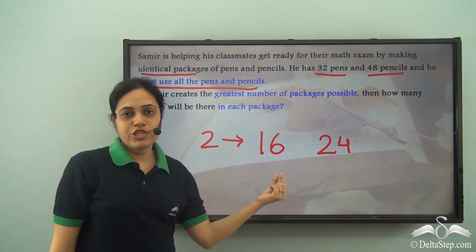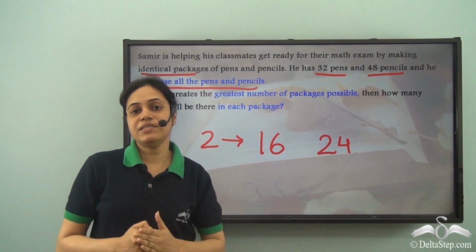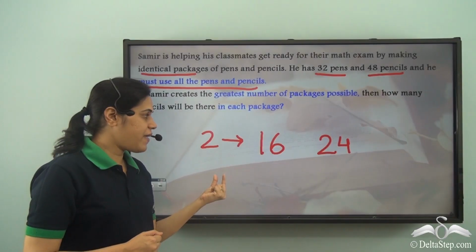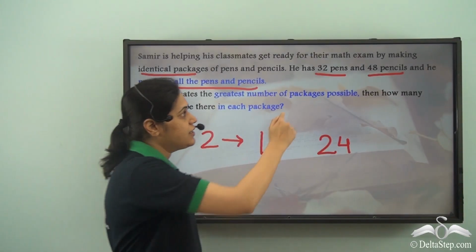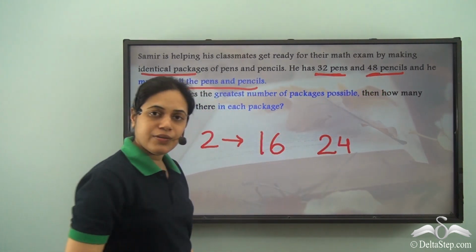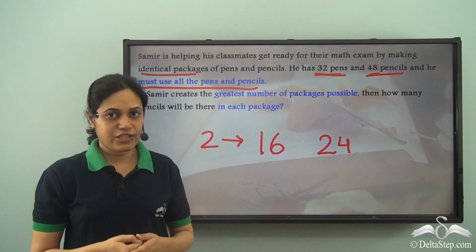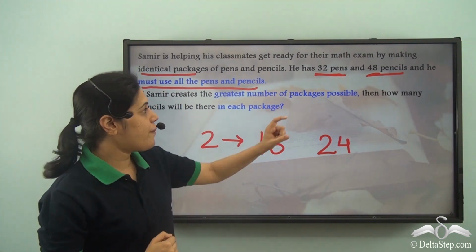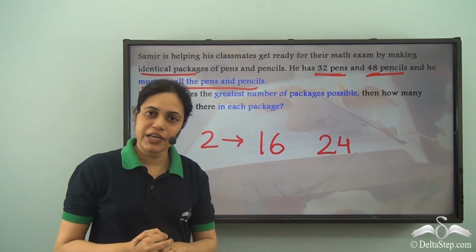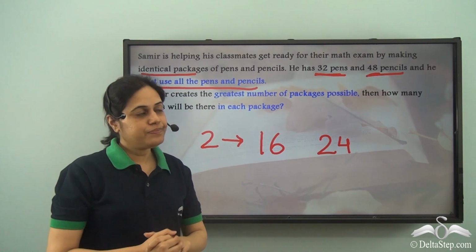So, in order to ensure that all the pens and pencils are used, the number of packages should divide 32 and 48. So the number of packages should be a common factor of 32 and 48, right?